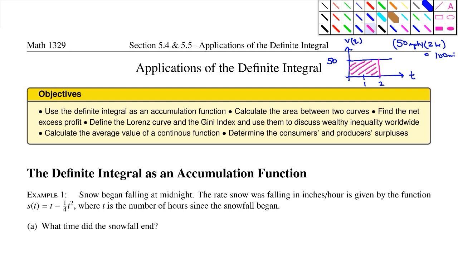And because the speed was a constant 50 miles per hour, the shape formed is actually a rectangle. And this makes perfect sense. The area of this rectangle is 100, which is 100 miles.